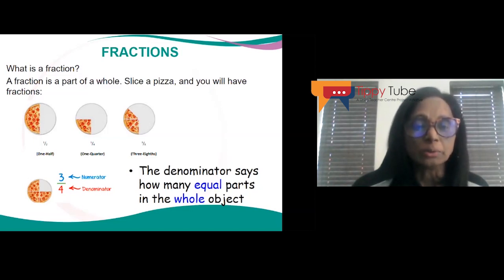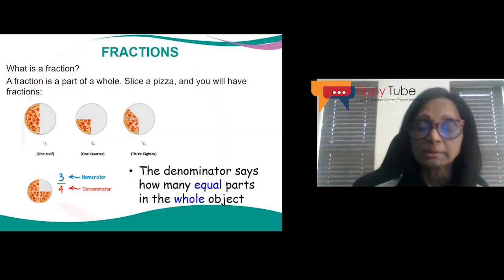Now, let's look below. This is a fraction of 3/4. In this pizza, you would see that there are 4 equal parts, but what you see there is actually 3/4. And that is how we write 3/4.